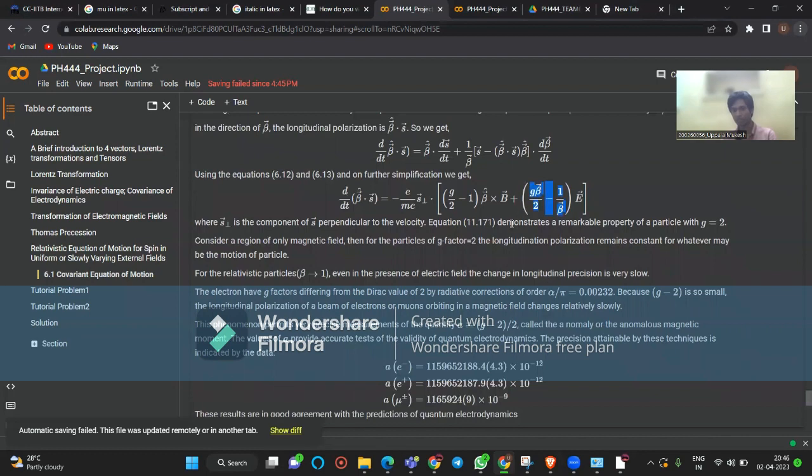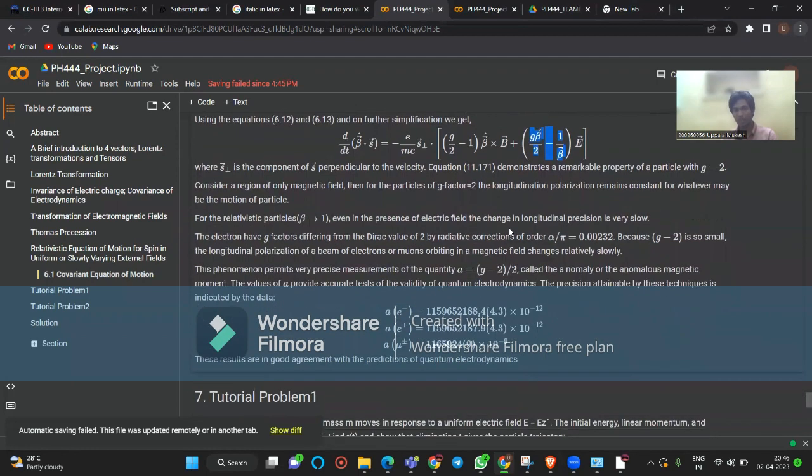And there's another quantity defined as a equal to g minus 2 by 2, called the anomalous magnetic moment.